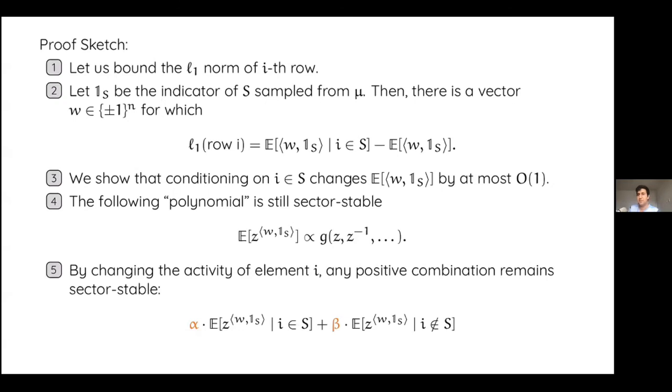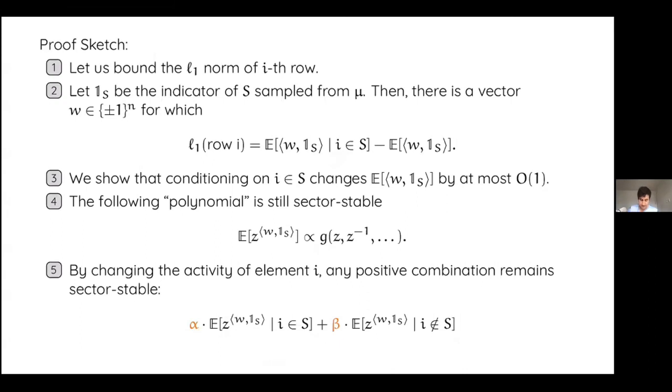If you change the monomer weight of element I, you get all of these mixtures where you take the distribution conditioned on I being a monomer and the distribution conditioned on I not being a monomer, and take an arbitrary positive mixture of these. That also ends up being sector stable, because sectors are closed under positive scalings. So all of these polynomials end up being sector stable.